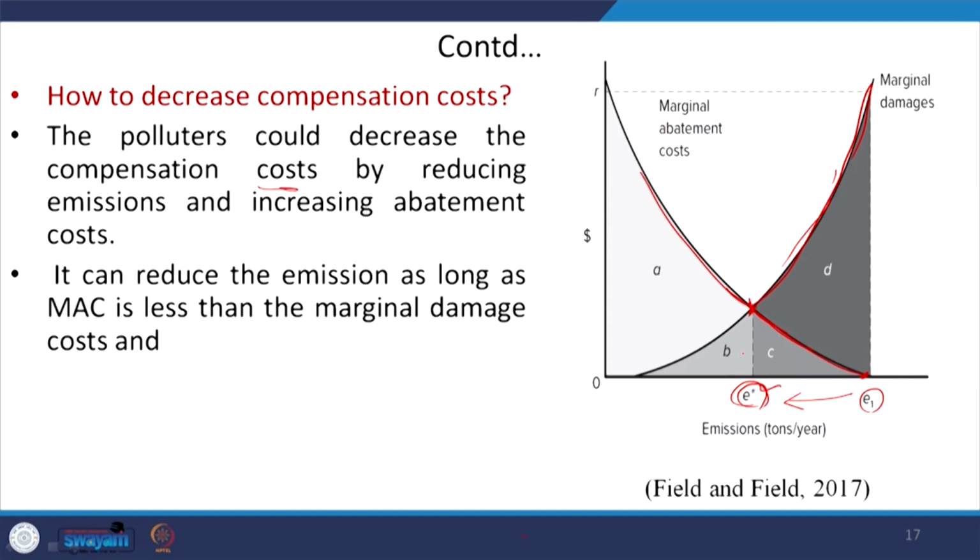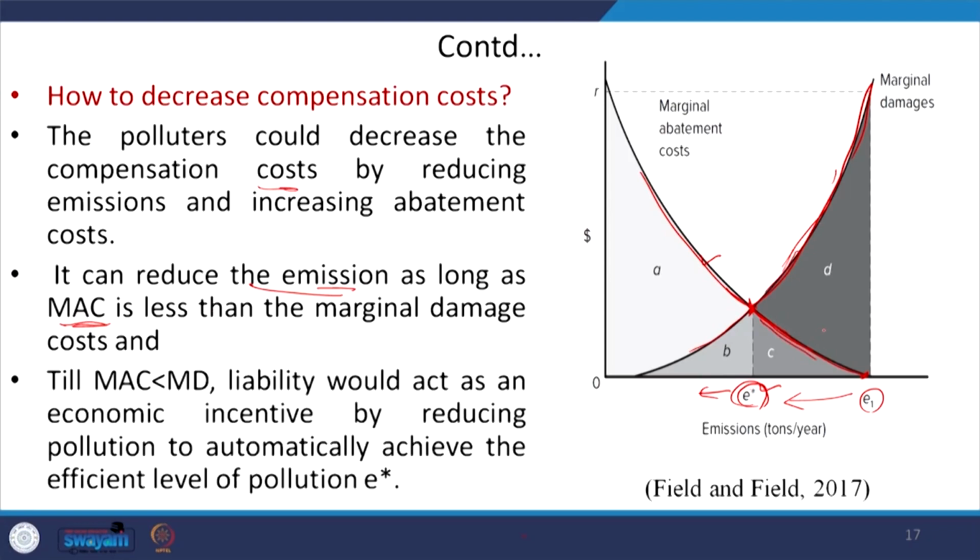At this point, marginal abatement cost is just equivalent to the marginal damage cost. After reaching beyond E star, what will you find? The marginal abatement cost is more than the marginal damage cost. So, the polluter would be reducing emissions till the marginal abatement cost is less than the marginal damage cost.